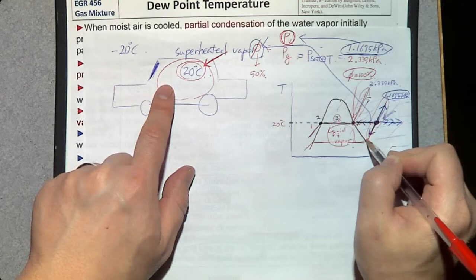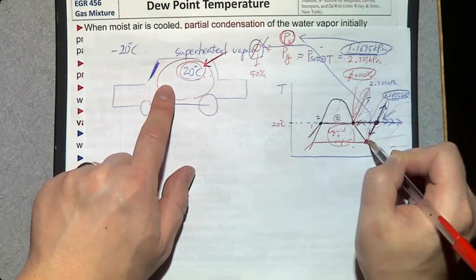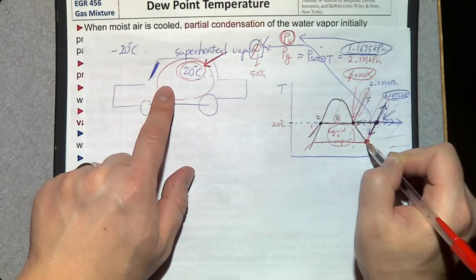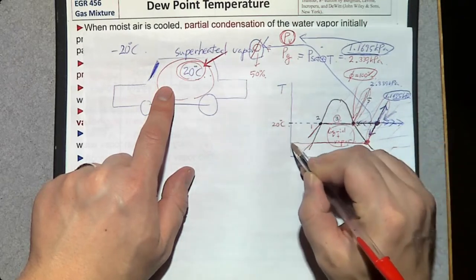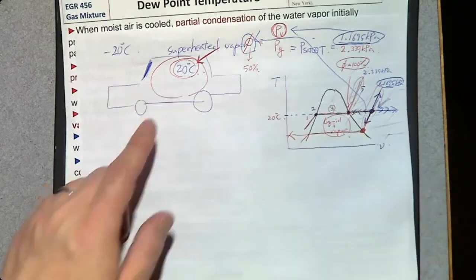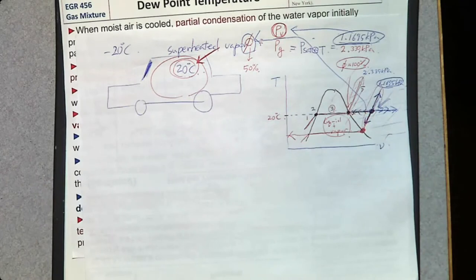And eventually, it will meet this point at a certain temperature. So what is the temperature? I don't know the exact temperature, but let me give you the approximate value. It's going to be around 14.